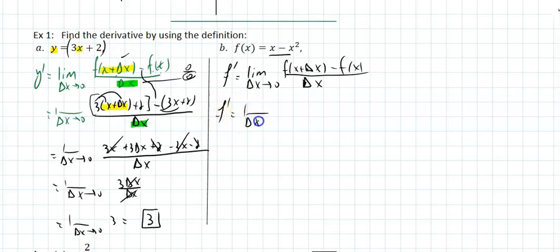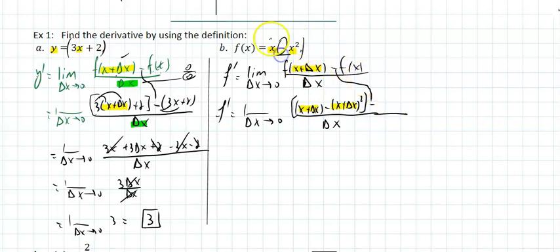And again, no big secret, I'm going to get 0 over 0 every time. What is f of x plus delta x? Wherever you see an x, replace it by x plus delta x. That's x plus delta x minus the quantity x plus delta x squared. That's the first piece, minus f of x. F of x is exactly what you see every time.